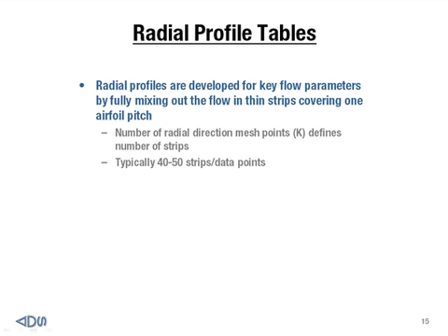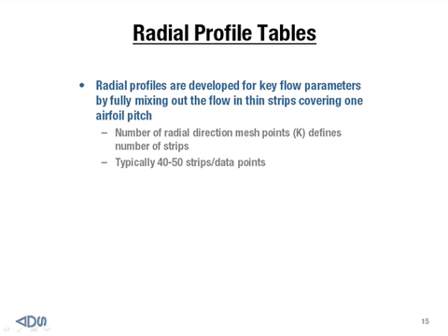Now, with regard to the radial profiles, the radial profiles really key off of the meshing for the particular case, which for the radial direction or the span-wise direction are the K planes. And for typical calculations, there are 40 to 50 radial mesh points used.